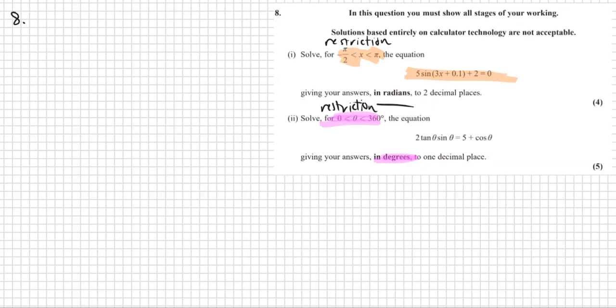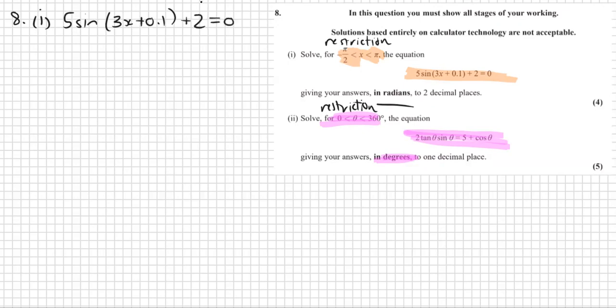And then we have our equation there. Trig equations. First step is to try and get it in either sine, cos, or tan. We don't want mixed up sine, cos, tan.